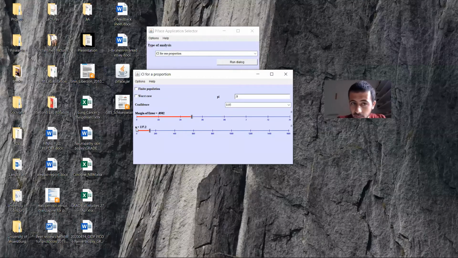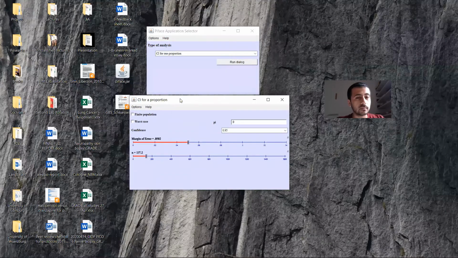The n for this calculation is the number of cases I need. Will it increase or decrease? Increase. No, it will decrease. Exactly, it will decrease. Why? Because I'm accepting a higher error, so I need less.